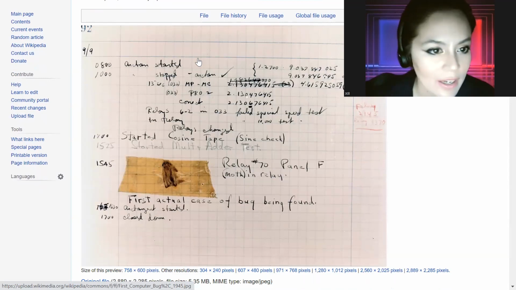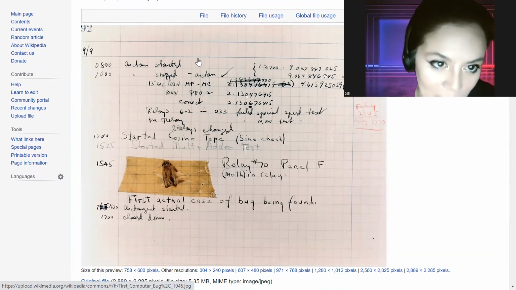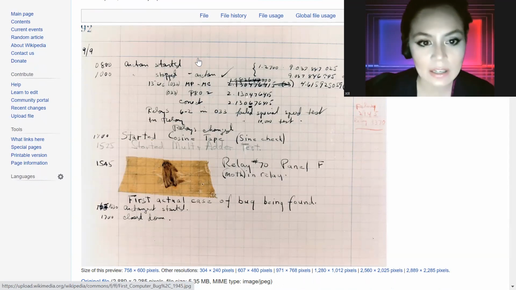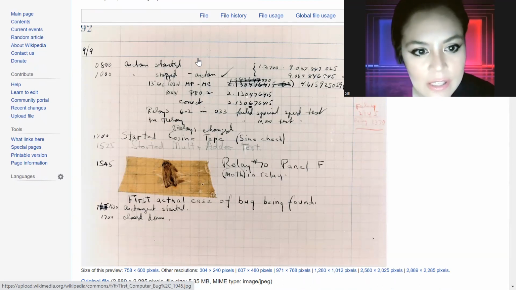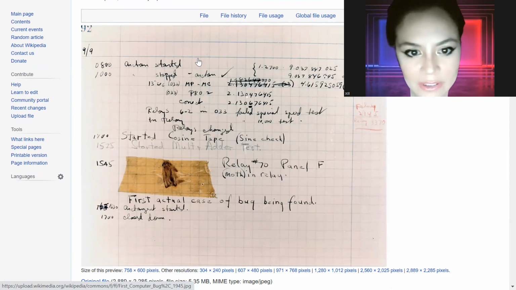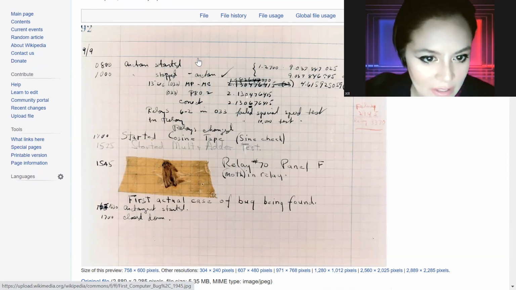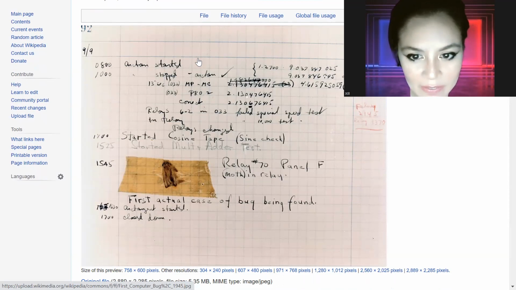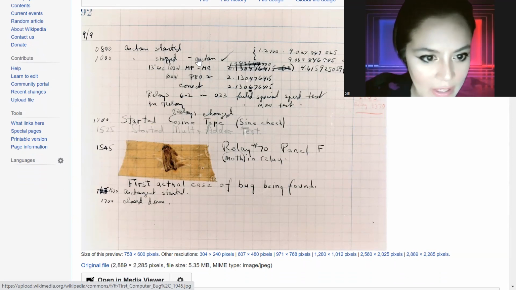It's a really nice log. 0800, something started. 1000, stopped. Failed special speed test. Relays changed.